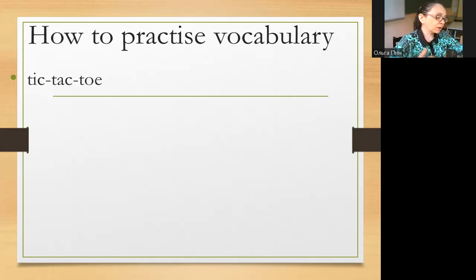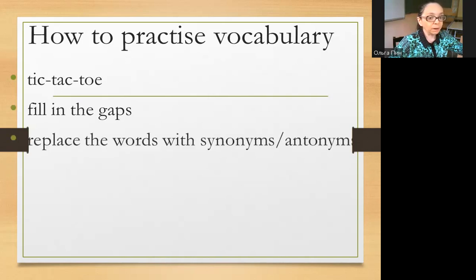Or if you write a definition, then a team has to guess a word before they put their sign. And then fill in the gaps, yeah? Replace the words with synonyms or antonyms.